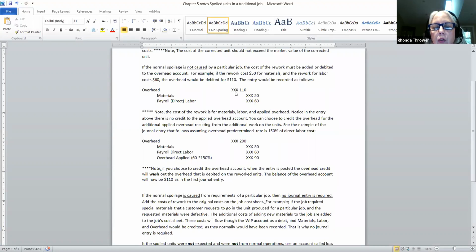So if the normal spoilage is not caused by a particular job, the cost of the rework must be added or debited to the overhead account. In a situation where the normal spoilage is caused by a particular job, then no journal entry is required to update the overhead.